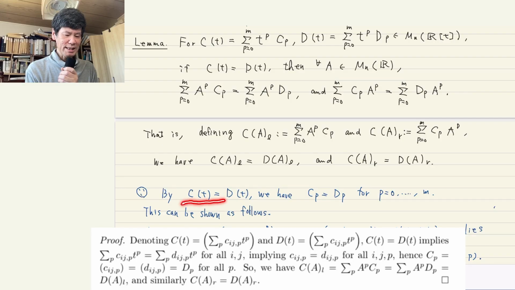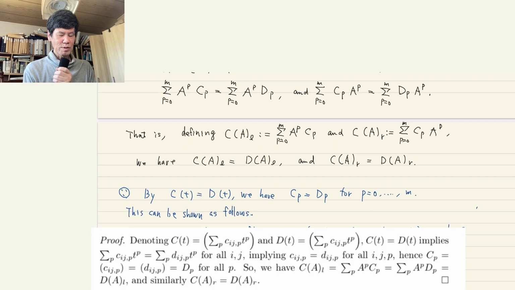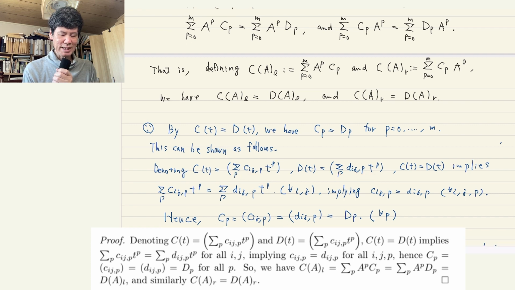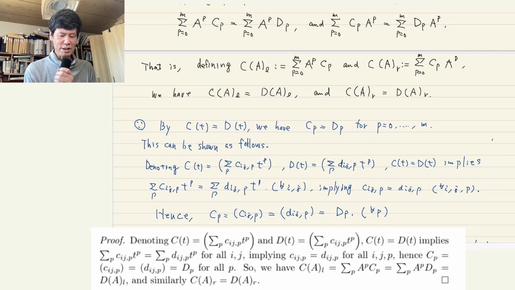C(t) is equal to D(t) means that all ij components are the same, and ij components are the same means that all coefficients of t to the p are the same. So Cijp is equal to Dijp for all i, j, p. Since ij components of Cp is equal to Cijp, this means that Cp is equal to Dp.